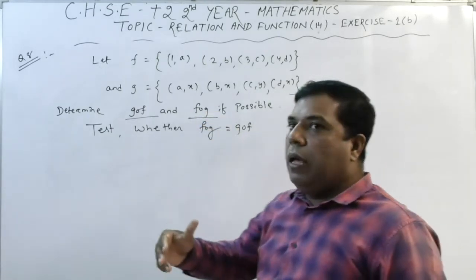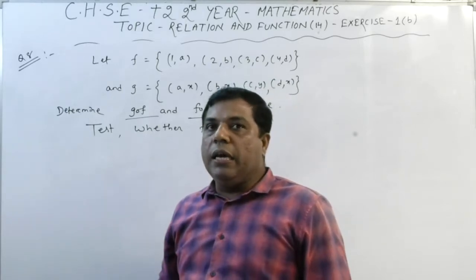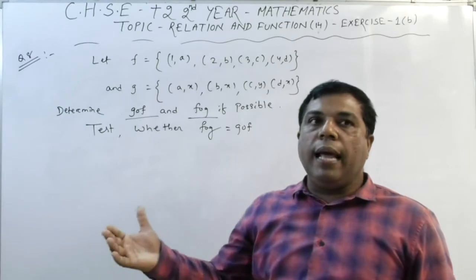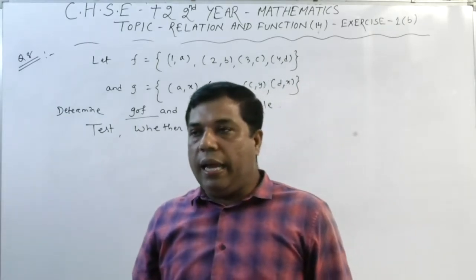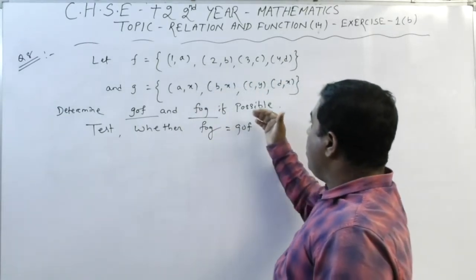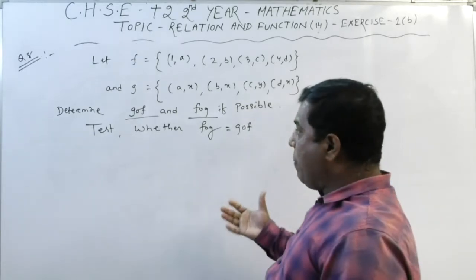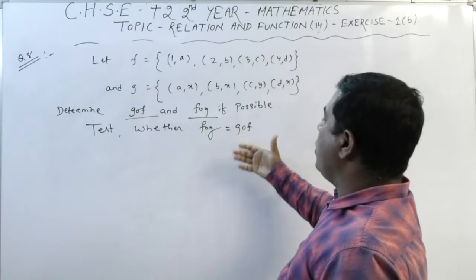And what is f of g? F is operated on g, so the elements of the range set of g behave like the elements of the domain set of f. Now we are going to find out whether g of f and f of g are possible, and after it we will check whether f of g is equal to g of f.